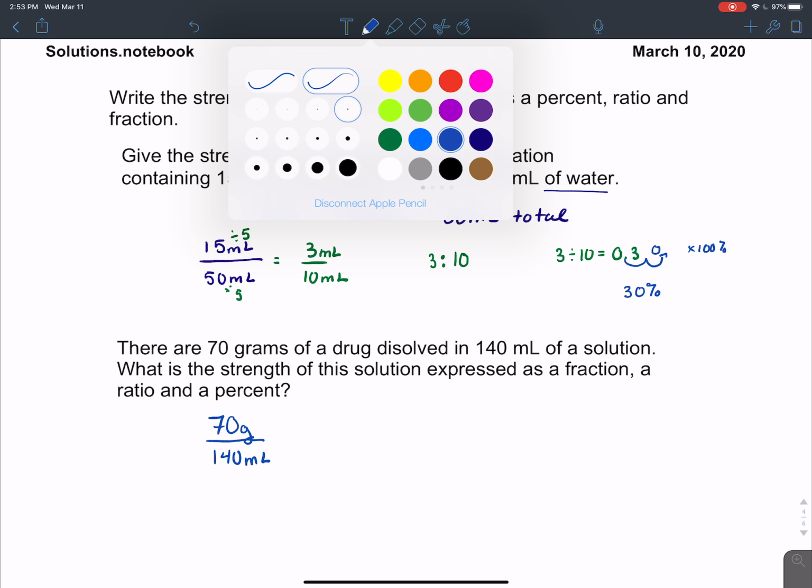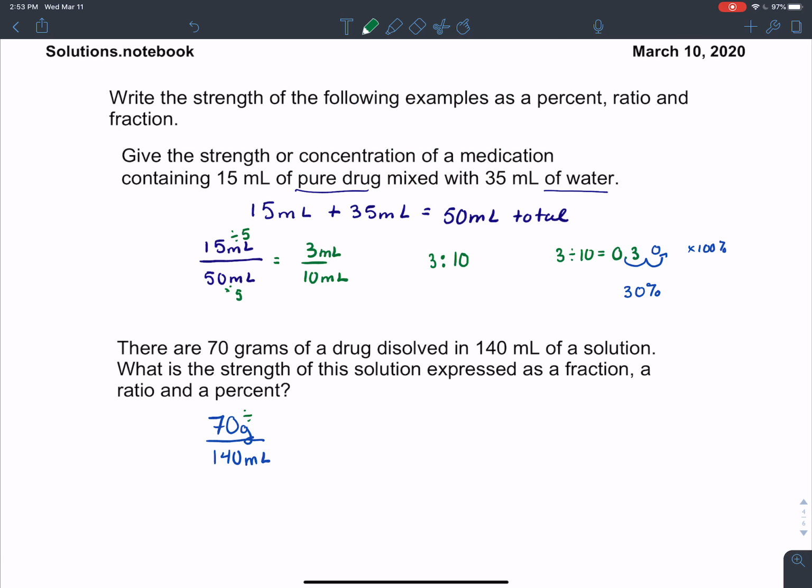Once again, I can simplify this fraction. Both numbers can be divided by 70. When I simplify this fraction, I end up with 1/2, and the units stay the same, so 1 gram to 2 milliliters. In ratio form, this is 1 to 2. To write this in percent form, I do 1 divided by 2, which gives me 0.5.